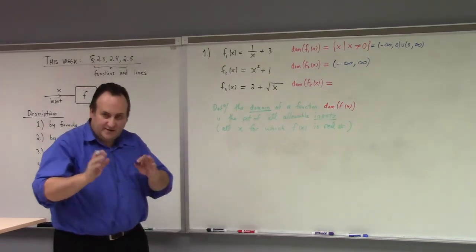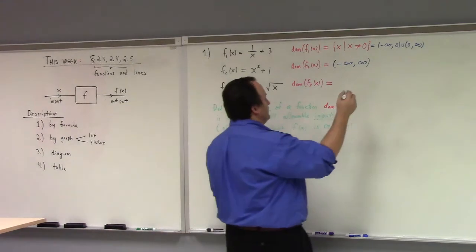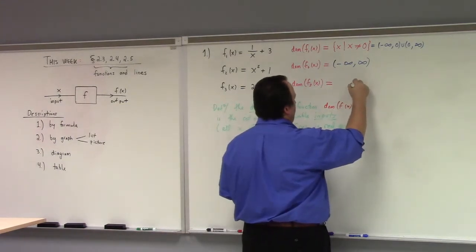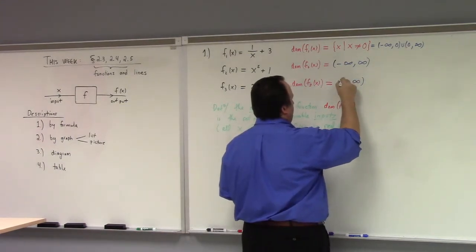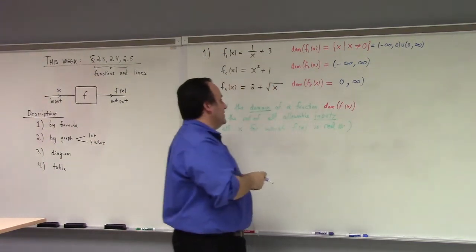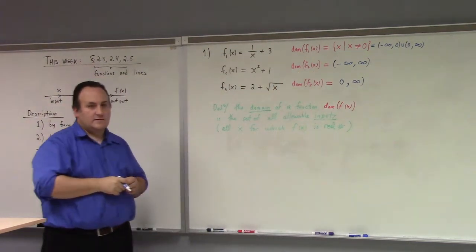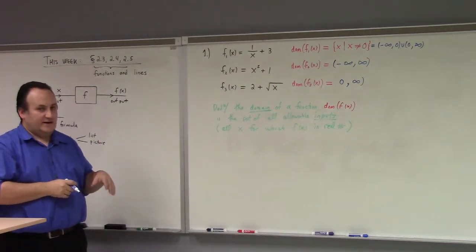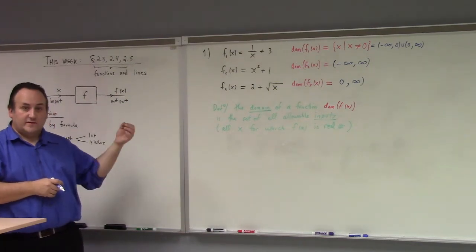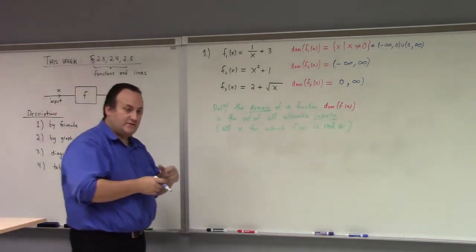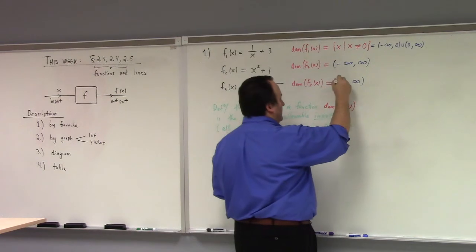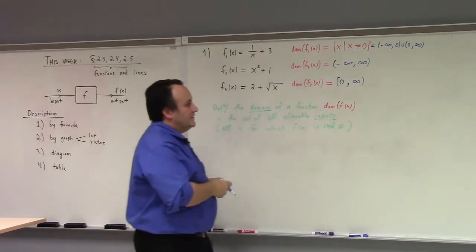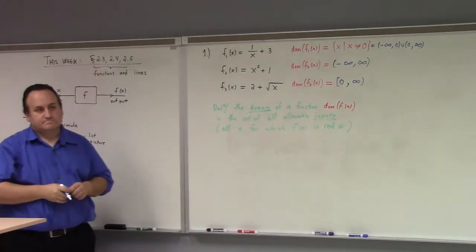I mean, that's good, but can you do better? Like, should you include 0? Should you exclude it? See, I think positive's good, but non-negative's better. See, because the square root of 0 is allowed, right? So we can include 0. The square root of 0 is just 0. So there you go. That's the domain.